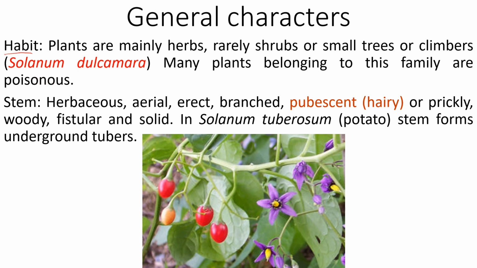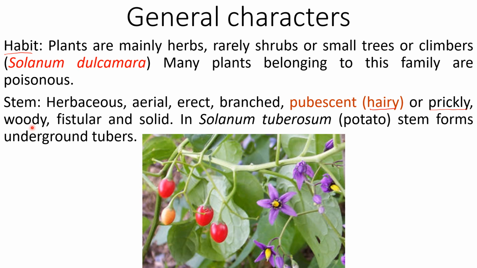Stem. Stem is herbaceous. It is aerial, erect, branched. Pubescent. Pubescent means hairy. A lot of trichomes are present over the surface, or sometimes prickly. Some small thorns you might have seen, as you can see in the leaves of brinjal, where small prickles or thorns are there.